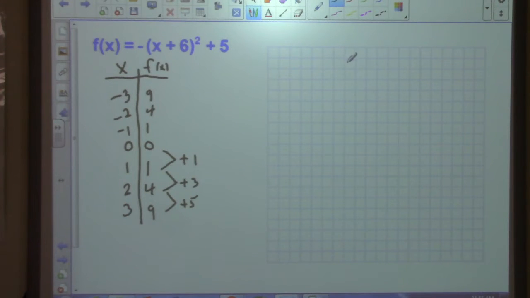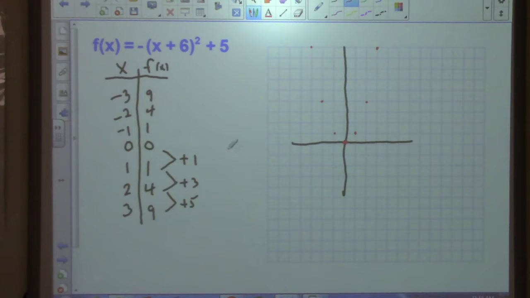And then if we were to graph this basic parent function of precalculus, we have the origin, then 1, add 3, add 5 more, 9. And so that's your basic pattern for graphing.